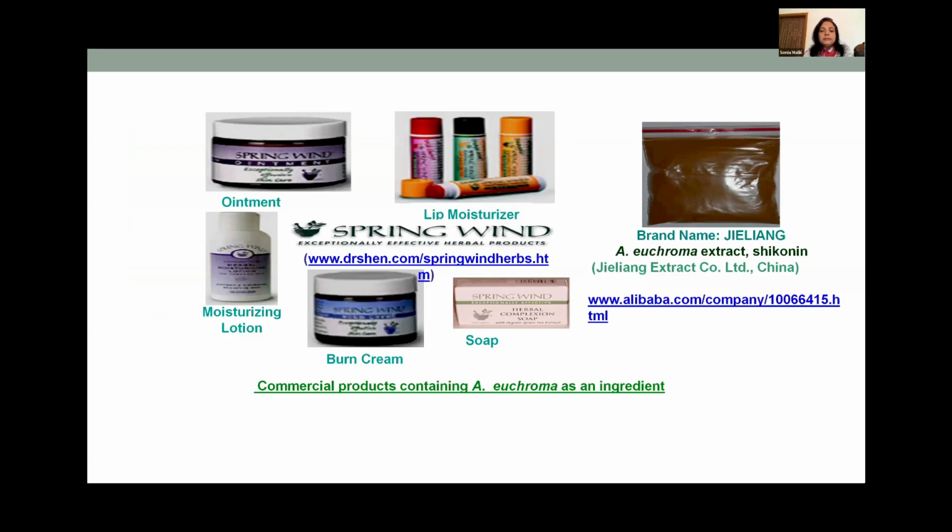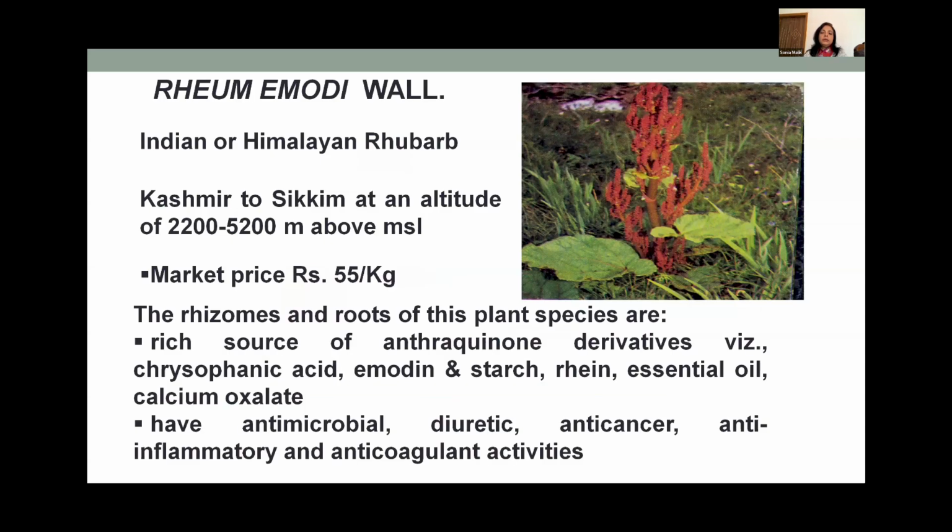Now these are some of the commercial products obtained from Arnebia euchroma as one of the ingredients, like ointment, lip moisturizer, balm, burn cream, soap. Now coming to another plant species, Rheum emodi. It is also known as Indian or Himalayan rhubarb, and it is distributed from Kashmir to Sikkim at an altitude of 2200 to 5200 meter above mean sea level. Its market price is rupees 55 per kilogram.